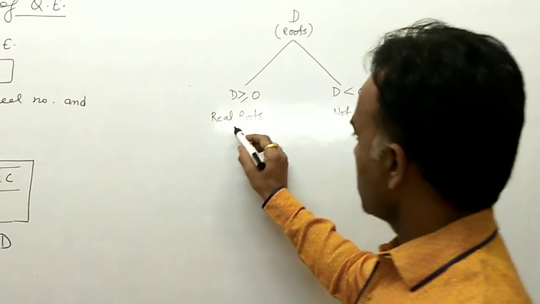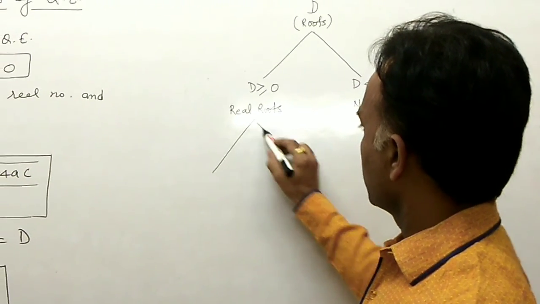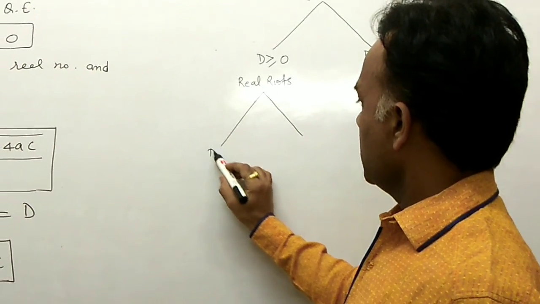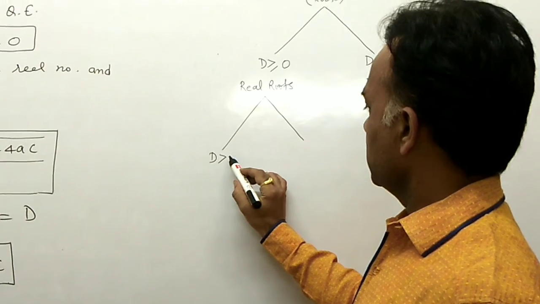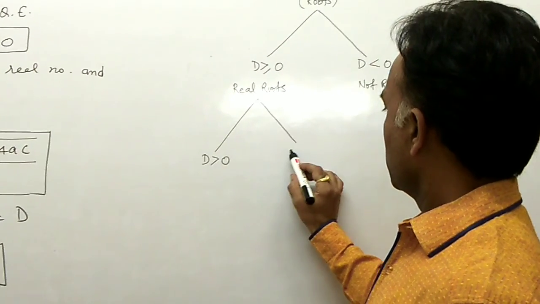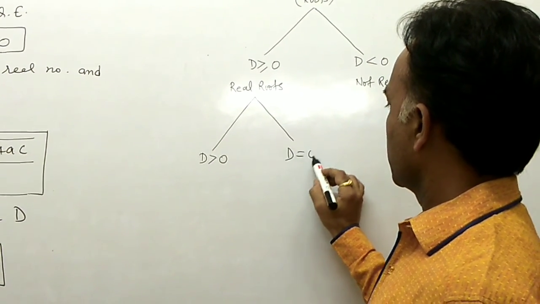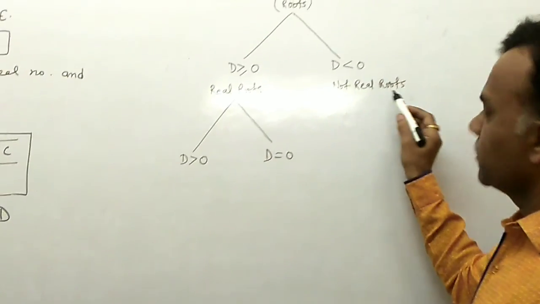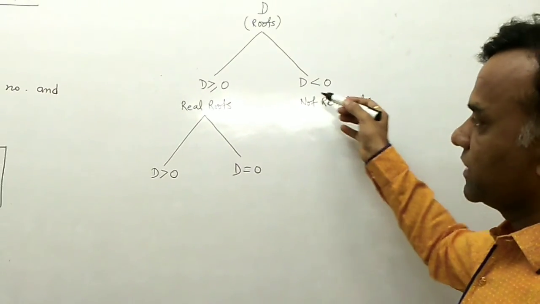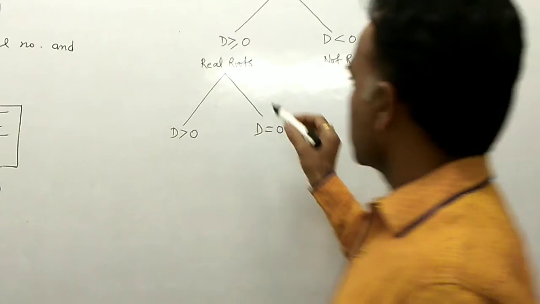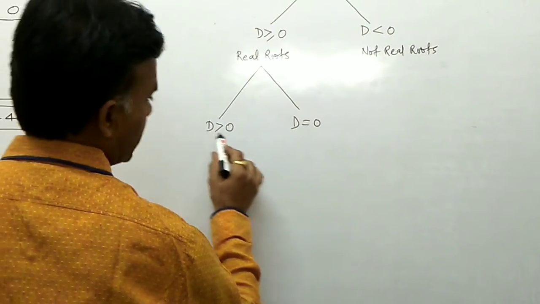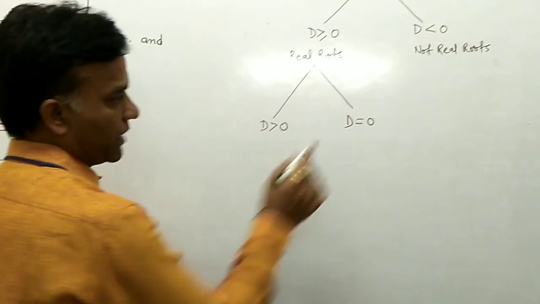Because for not real roots, there is no need to find the roots. The real case is also divided into two parts: D greater than 0 and D equal to 0.